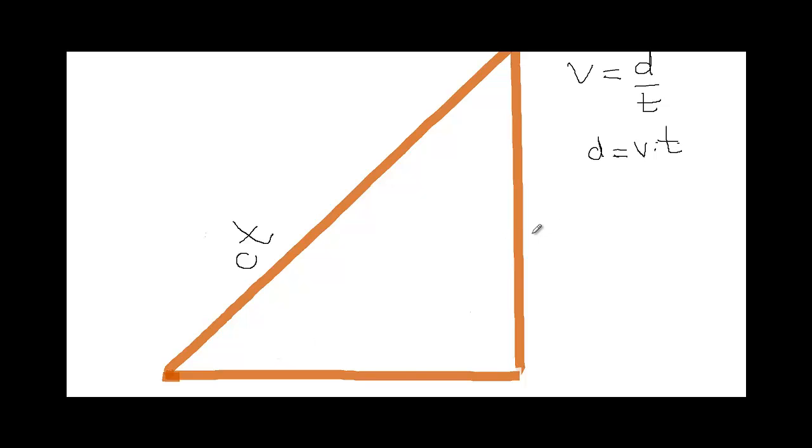And here is the speed of light times the time as it's seen by the observer on the ship. So this t naught is the time in the inertial reference frame. And this here is the velocity of the ship times the time as seen by the observer on Earth.